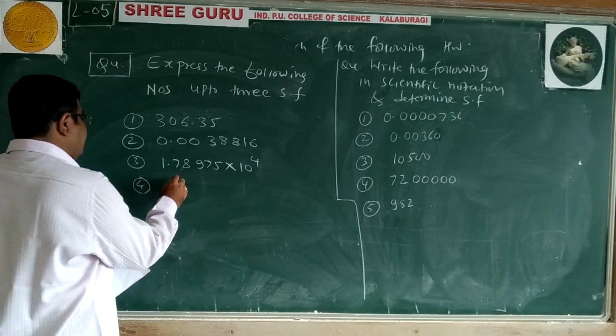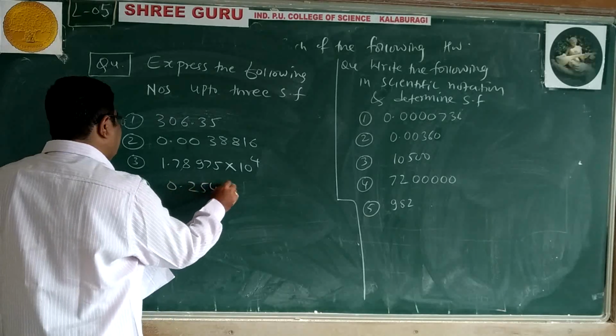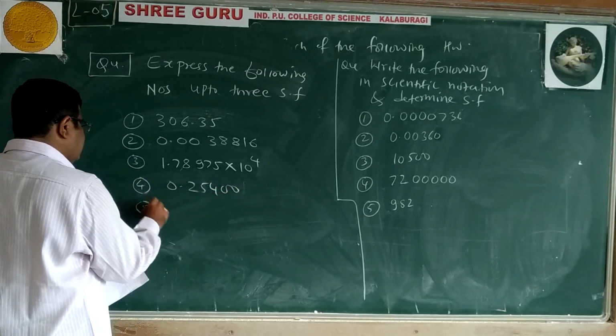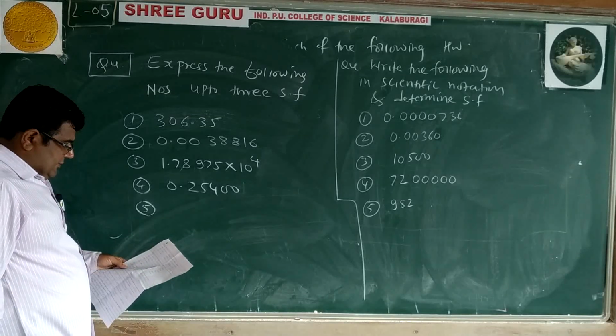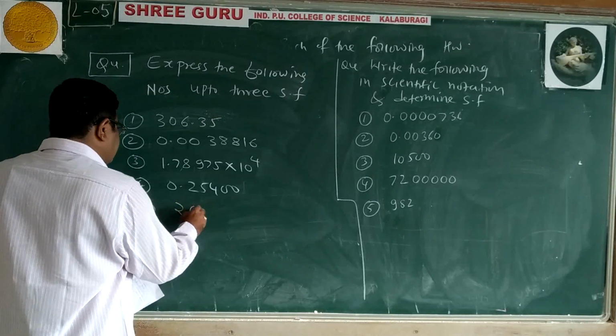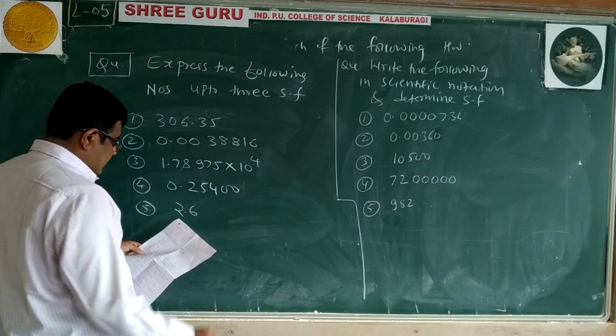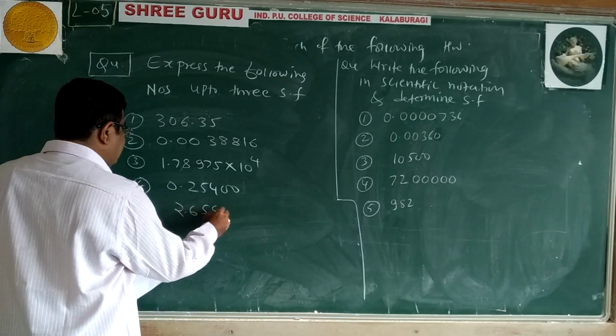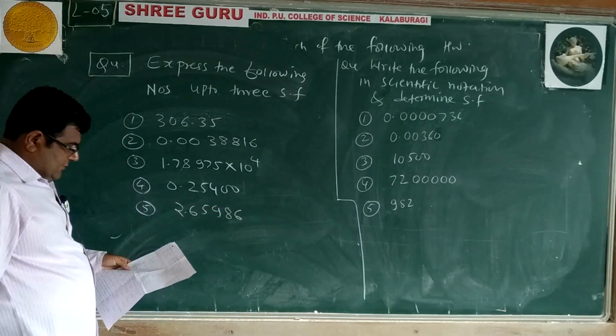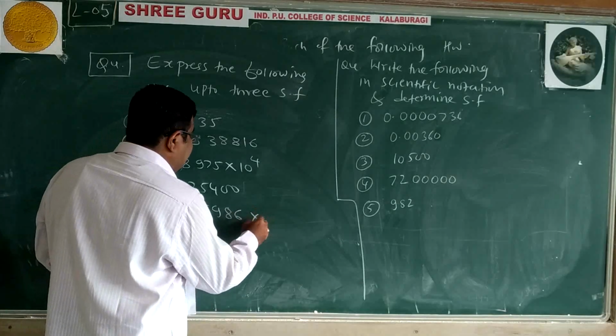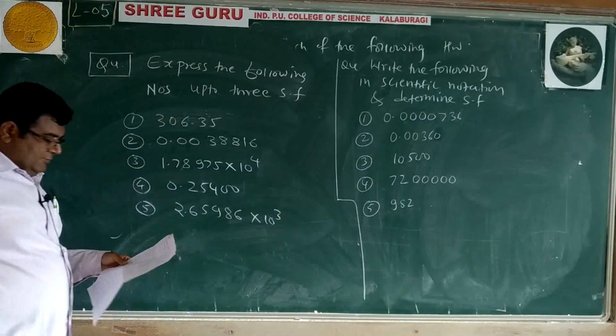Next is 25400, and fifth is 2.65986 into 10 raised to plus.